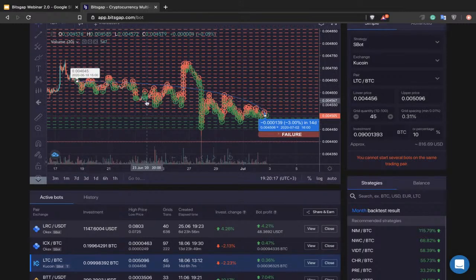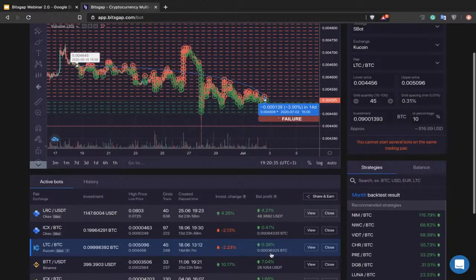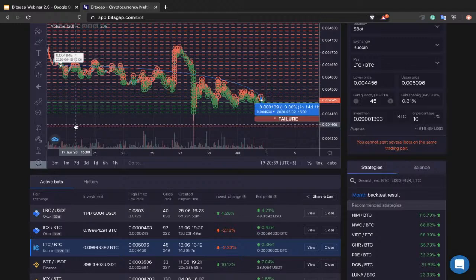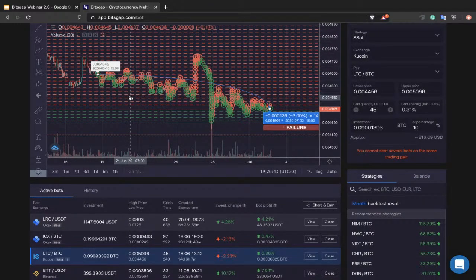That's because the bot has been trading for me during this period, and it was looking for these opportunities to buy low and sell high. And as it successfully executed these trades and generated these proportionate profits for me, like you see in this example, these profits offset the negative value change as the price of the base currency, in this case LTC, was falling.